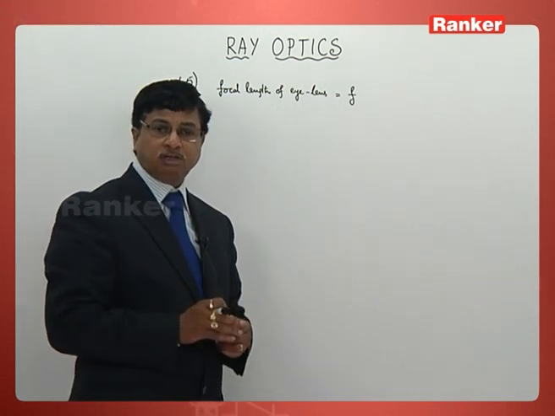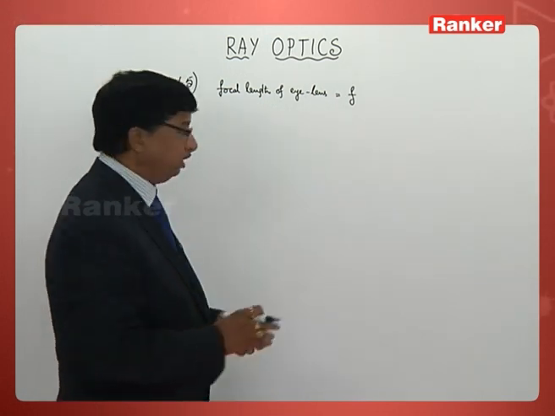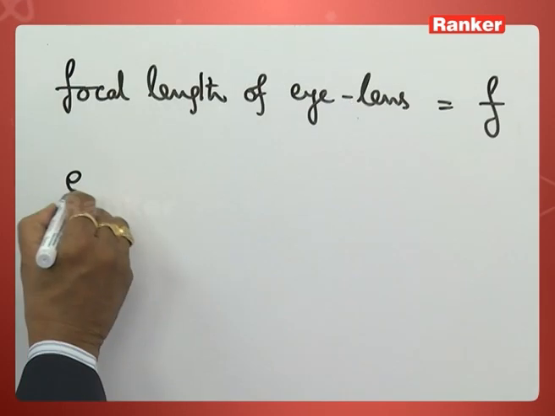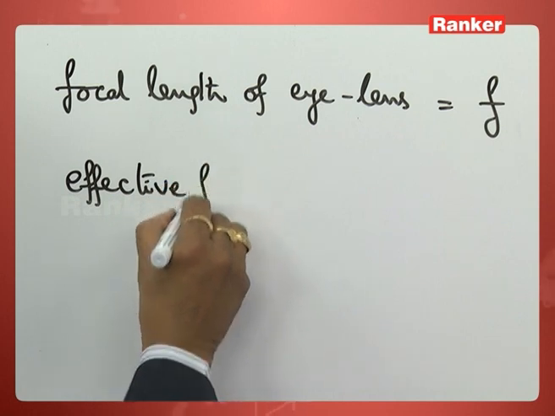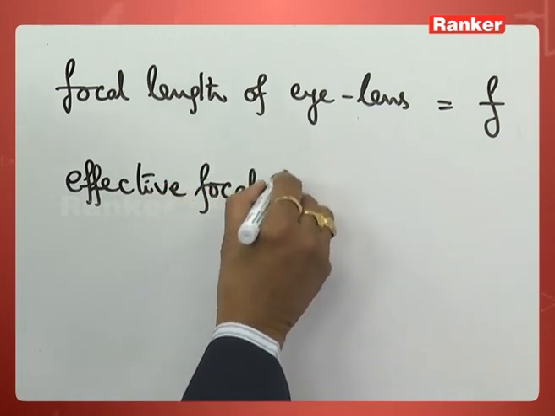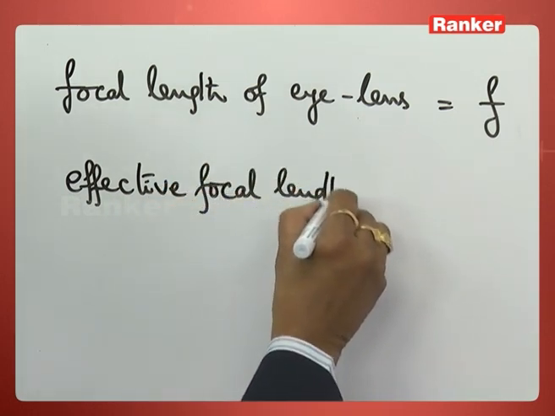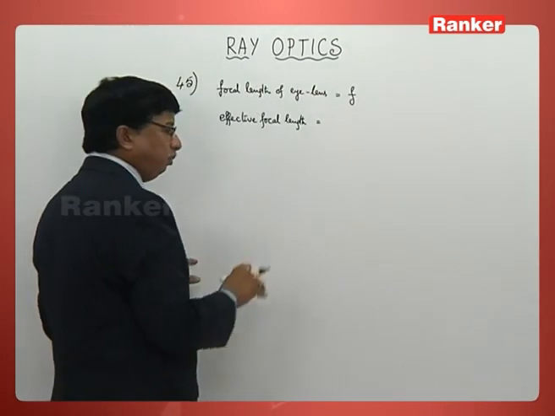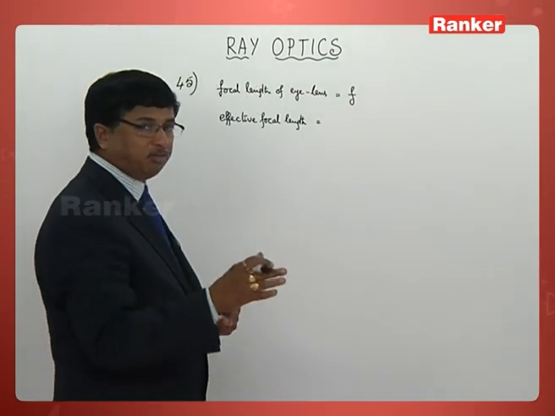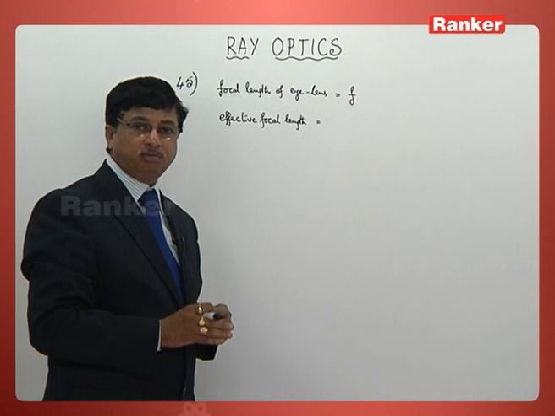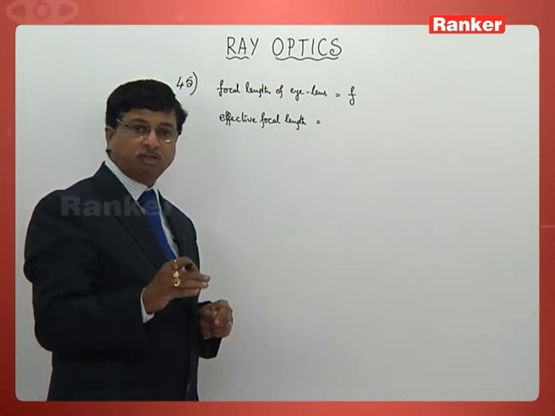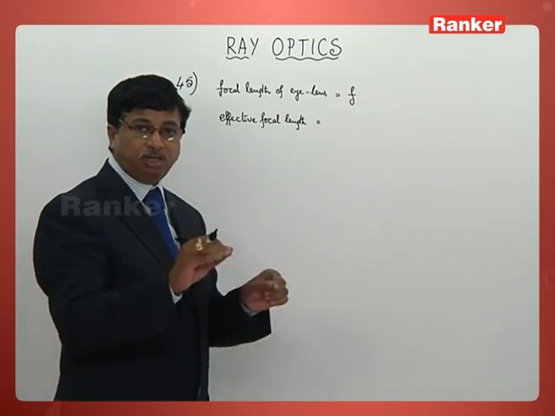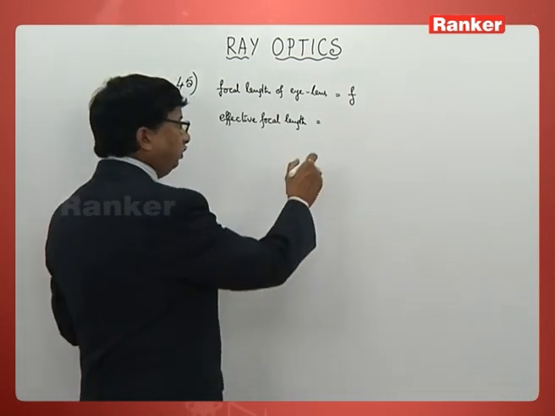That is the first value he is asking in that ratio. What is the second one? Effective focal length. So let us write what is its formula now. In the case of Ramsden's eyepiece, effective focal length is 3f/4, as we came across in the previous problem. Now effective focal length in the case of Huygens eyepiece is 3f/2.